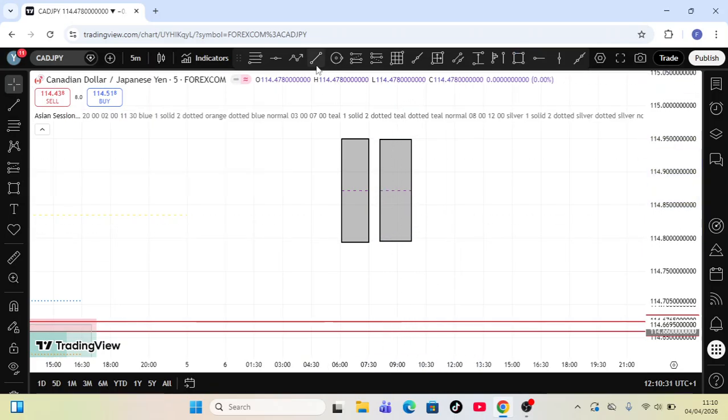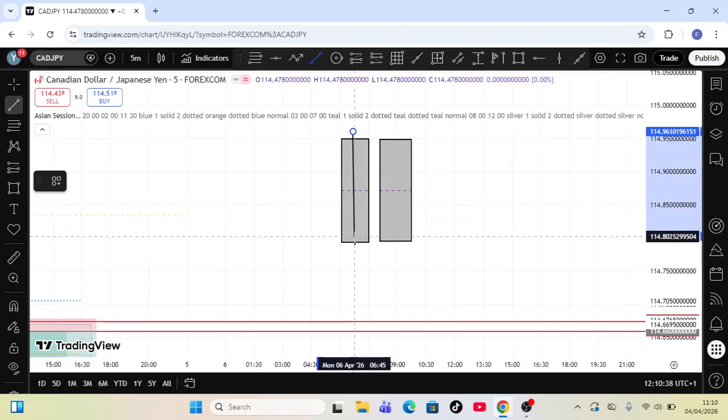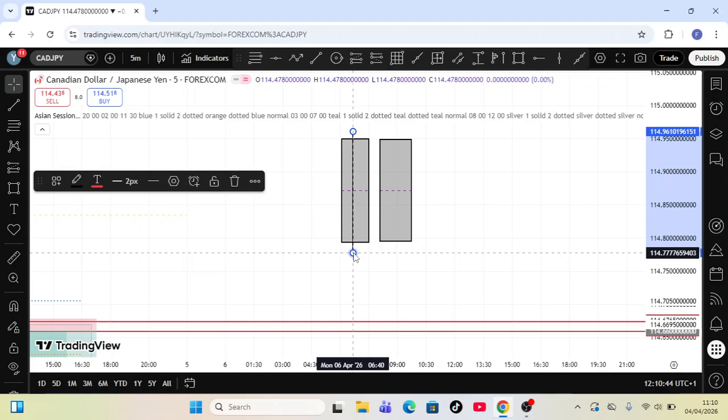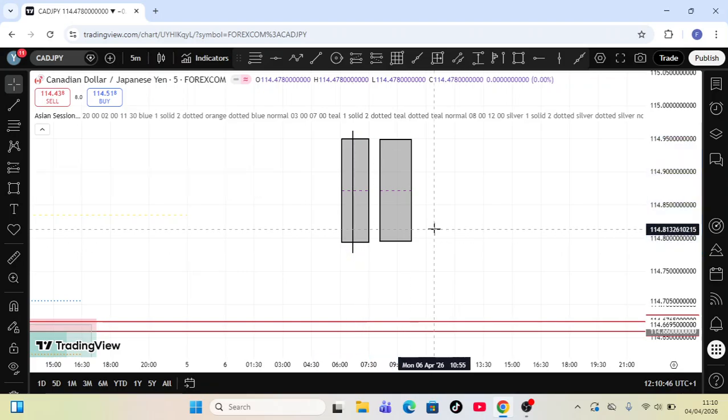What we only need is the sweep. Wick to wick sweep. The wicks must sweep each other.